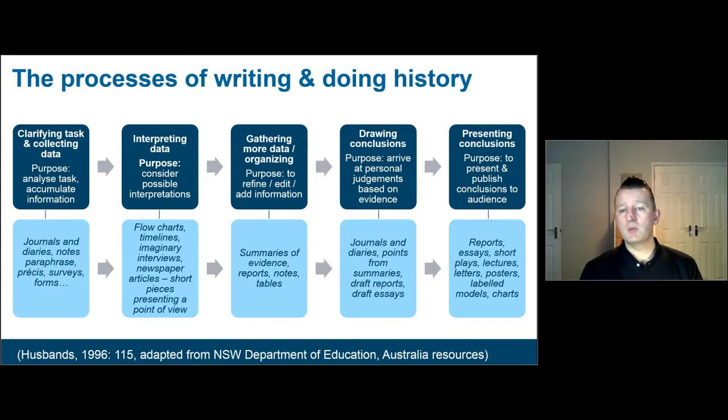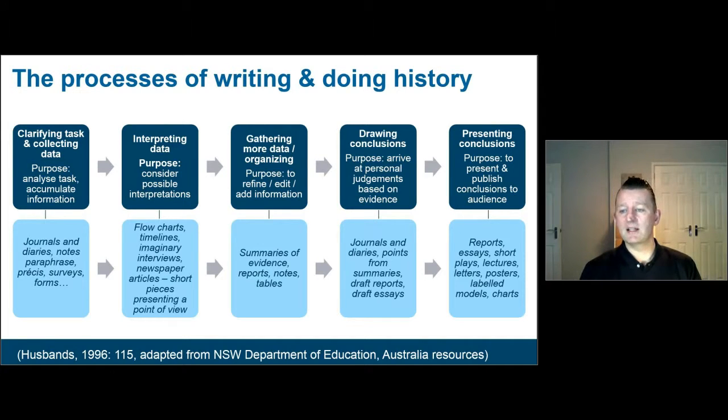And then as we move into drawing conclusions, we might be going back into summaries, we might be moving tentatively into draft reports or draft essays, but knowing that there are opportunities to move text around, to rejig subheadings that divide up the overall account.